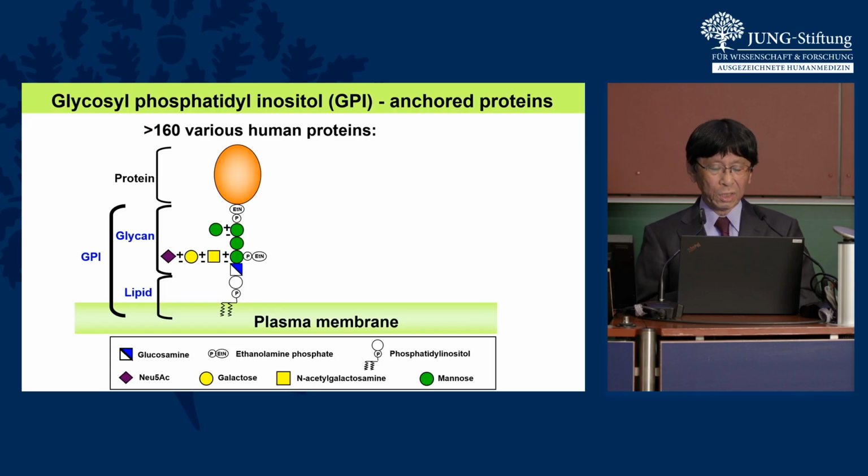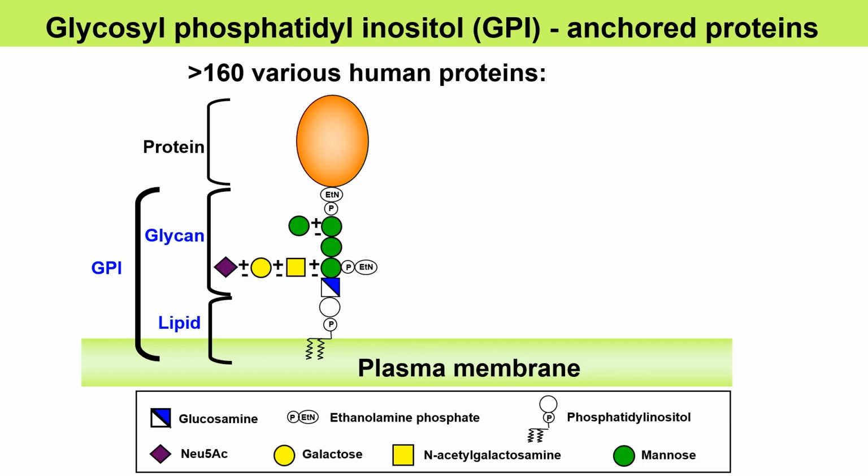So this shows the structure of the GPI-anchor protein. GPI stands for glycosylphosphatidylinositol, and GPI-anchor proteins are integral membrane proteins expressed on the cell surface.